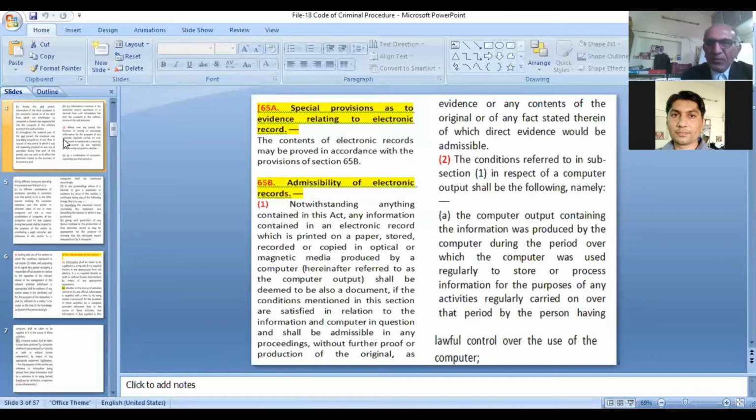Now, subsection 2 of section 65B: the conditions referred to in subsection 1 in respect of computer output shall be the following, namely.